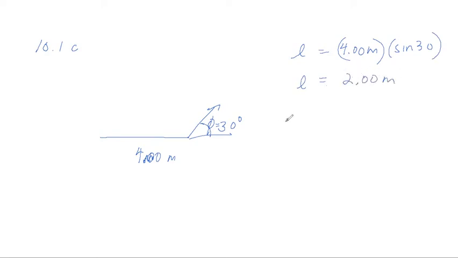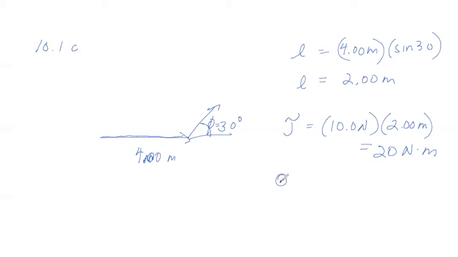And torque is going to be 10.0 newtons times 2.00 meters, which is 20 newton-meters. And this again will be out of the page. You've got R cross F, and it's out of the page. And that symbol's out of the page. Into the page, by the way, looks like that.